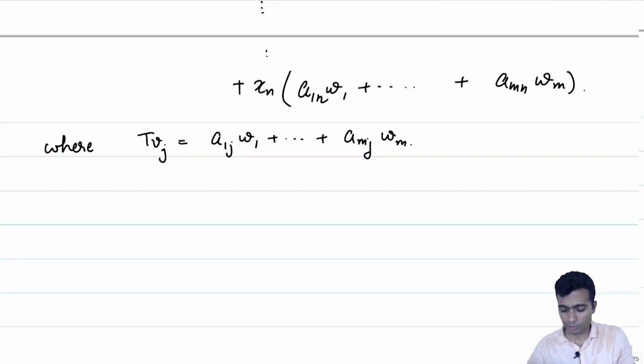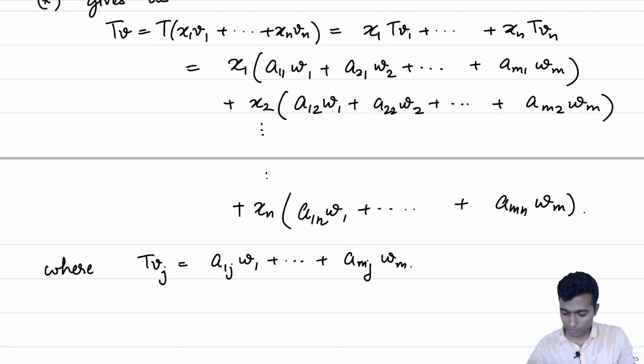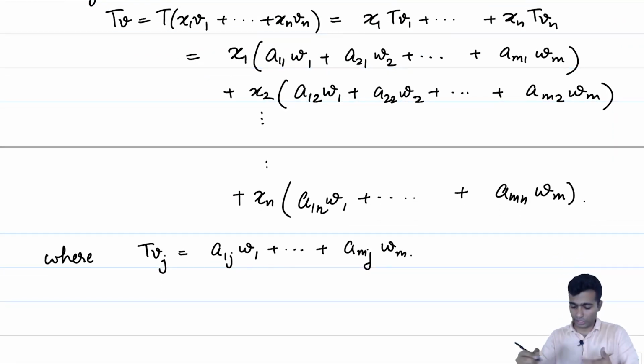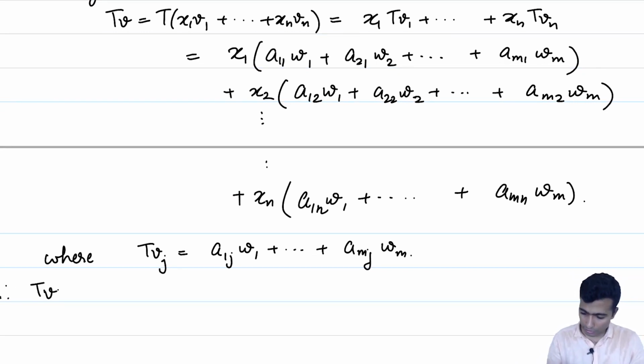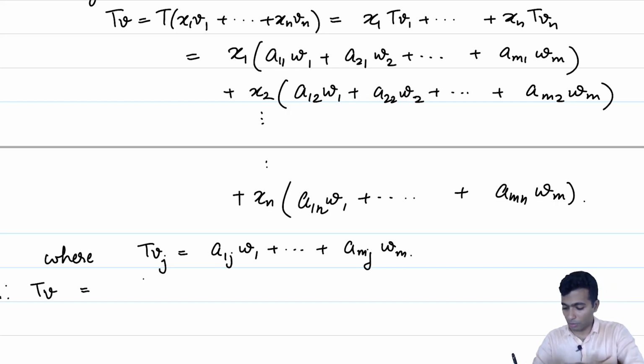Each of the Vj can be written like this. Let me just maintain this because now we can rewrite this. Therefore, TV, if you observe carefully after rewriting, will just turn out to be the linear combination in terms of w1, w2 up to wm.